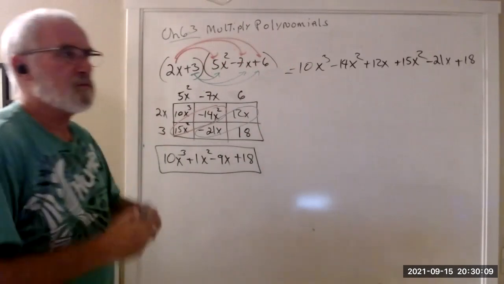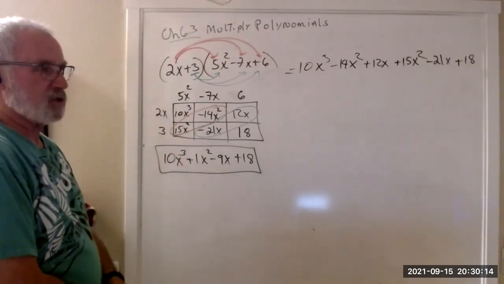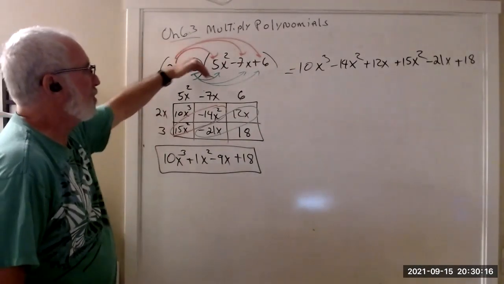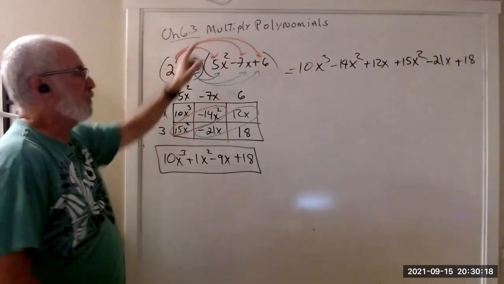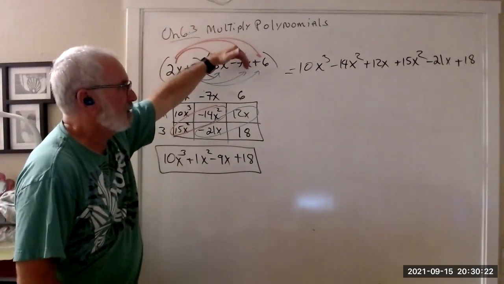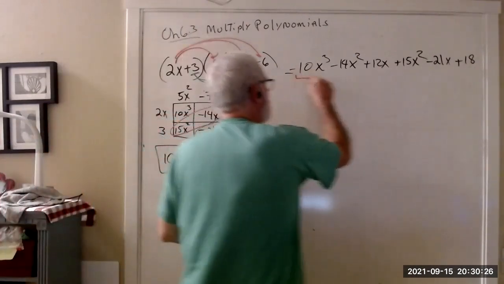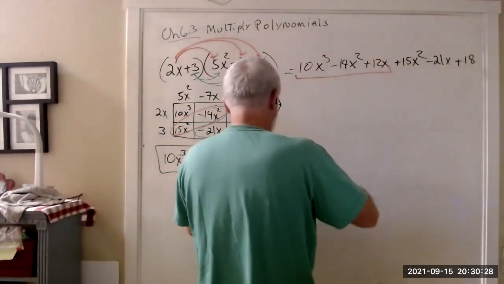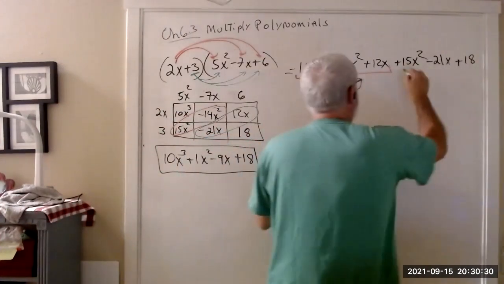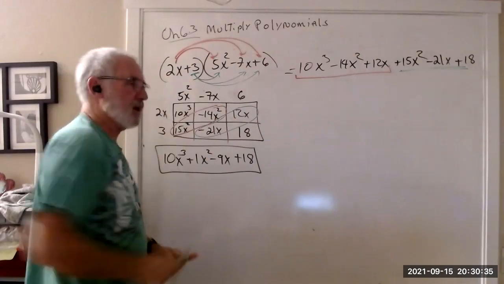This is how most teachers teach it in the beginning algebra class. They teach this as a double distributive. First, you distribute the 2x to everybody in the back. Okay, so I'll put this in red. This is when I distributed 2x. And this is when I distributed the 3 to everybody.